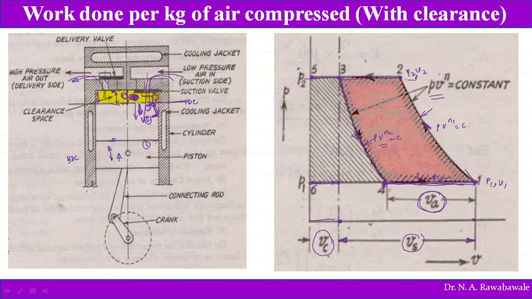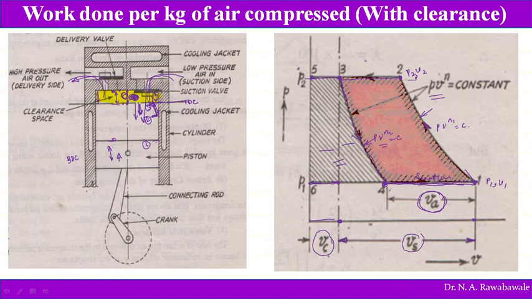Now the work required to compress air with clearance is given by this orange colored area highlighted in this diagram. So this much work is required. This work is not required for compression. Initially we calculate the complete area and then we subtract this area, which is the expansion.